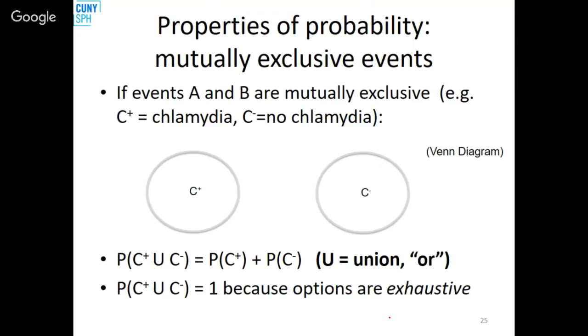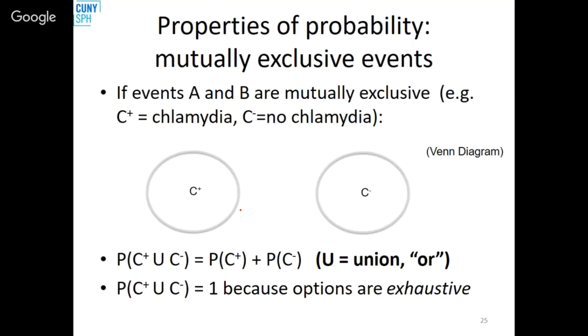And if these options are exhaustive, such as having chlamydia or not, then the sum of the two probabilities equals 1. Always the sum of all possible events is equal to 1, but in this case, there are only two.